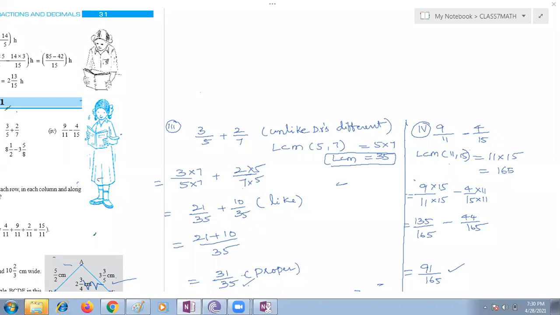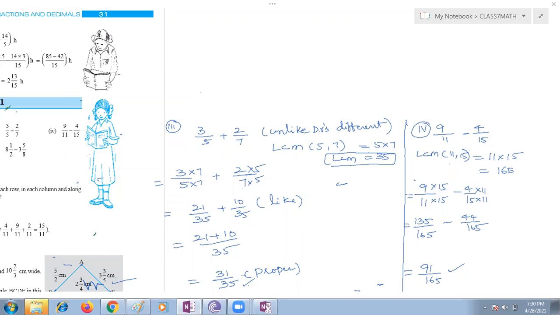So in the denominator, we pick those numbers to multiply. Why? Because there is no common factor between 11 and 15. If any common factor is there, you find the LCM by the normal procedure, but in this case, 11 and 15 have no common factor, right?